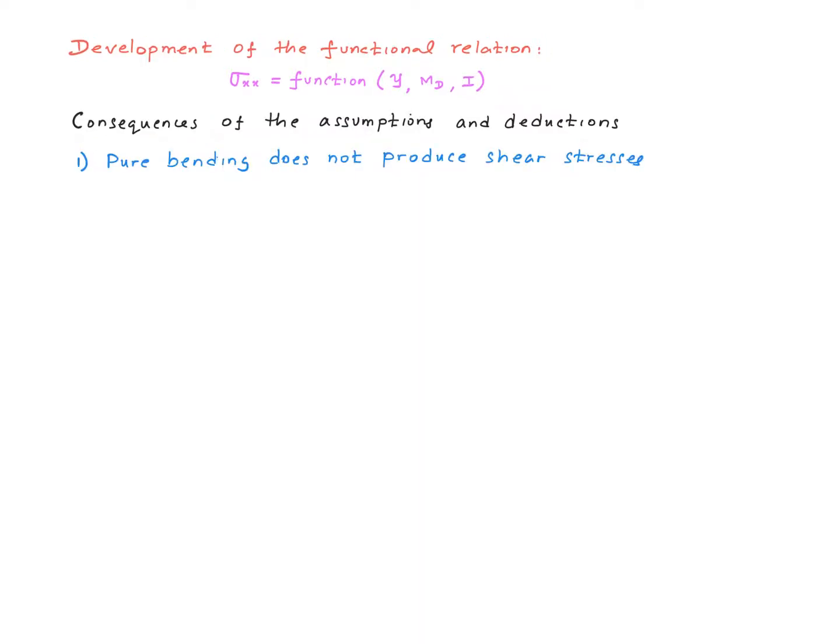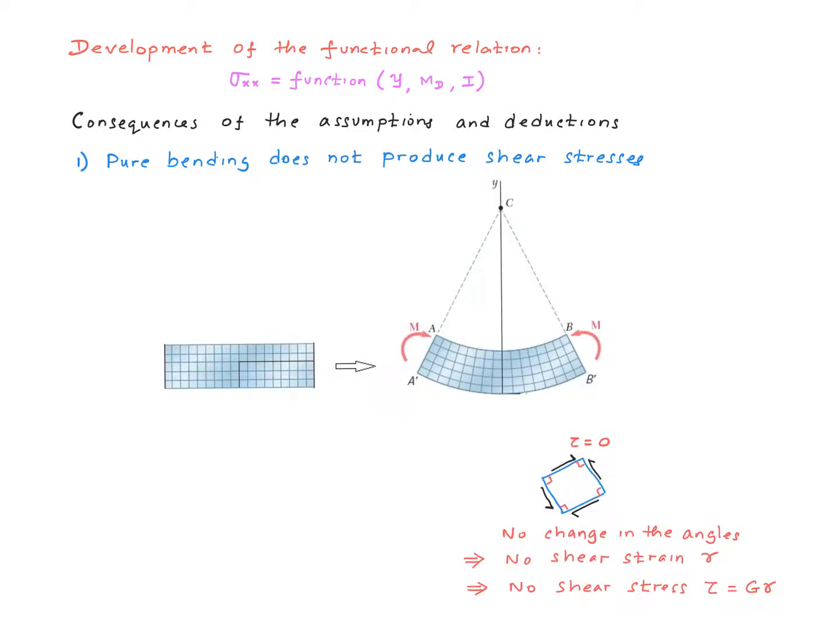Now, what are the consequences of the assumptions and deductions we have discussed thus far? Number 1, these assumptions and deductions lead to the conclusion that pure bending does not produce shear stresses. How do I make this conclusion? Say this is a beam segment before the application of the bending moment. I'm going to draw a rectangular grid on the side elevation of this beam.